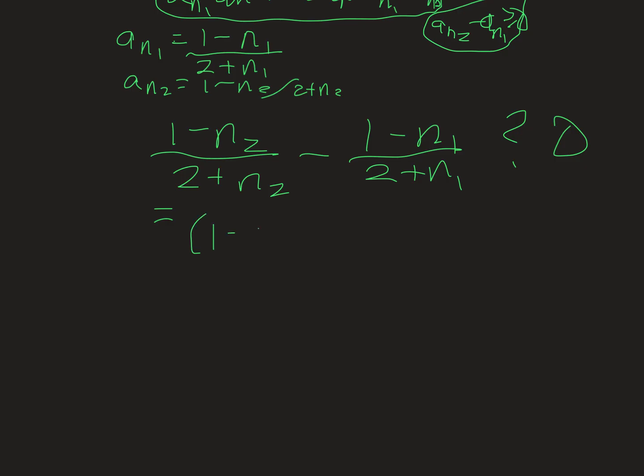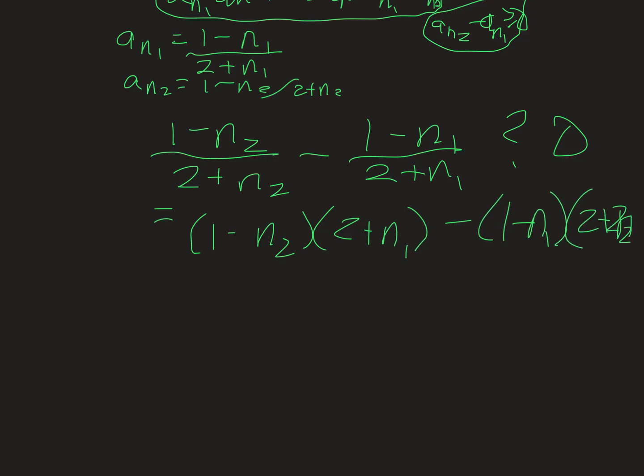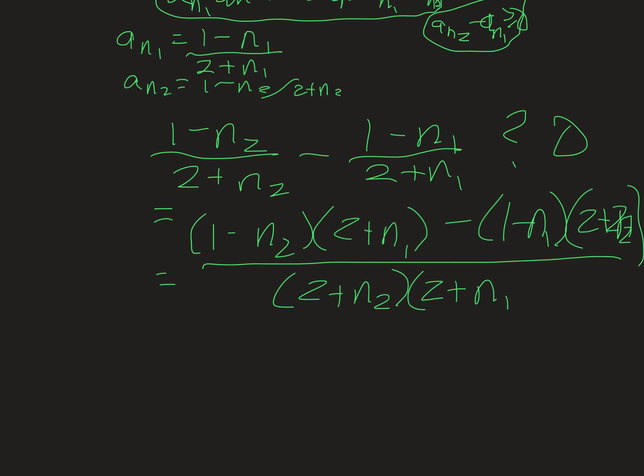So I get 1 minus n2 times 2 plus n1 minus 1 minus n1 times 2 plus n2, and that's all over the common denominator, 2 plus n2 times 2 plus n1, which we can, if we're comparing it to 0, well, we can't really multiply, we got to keep it.